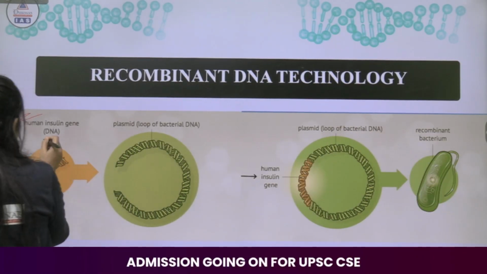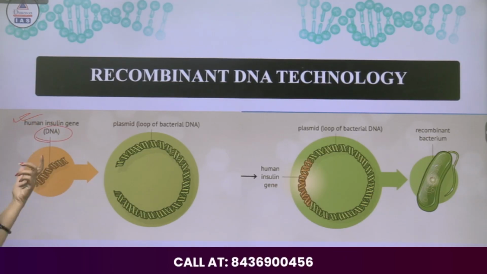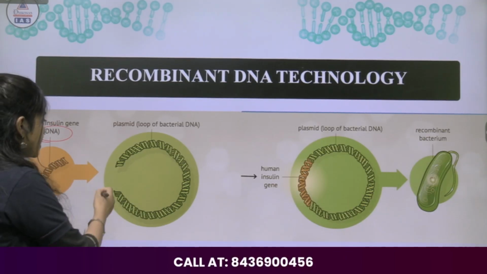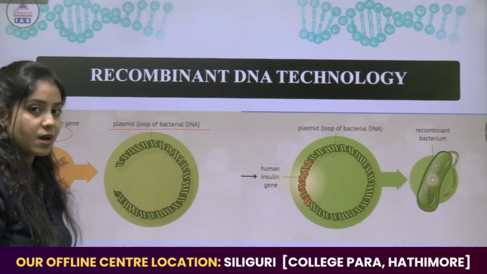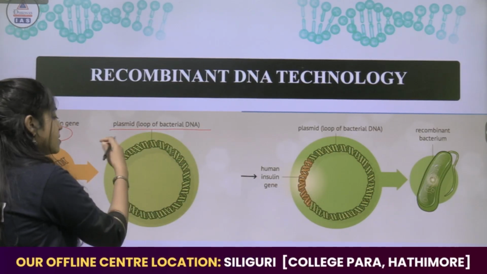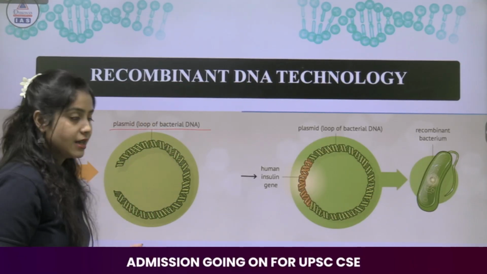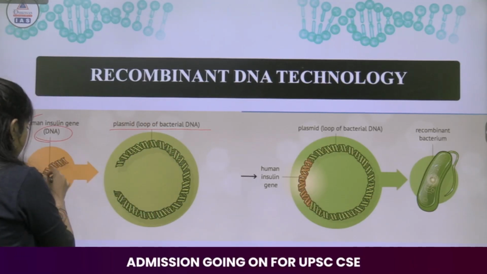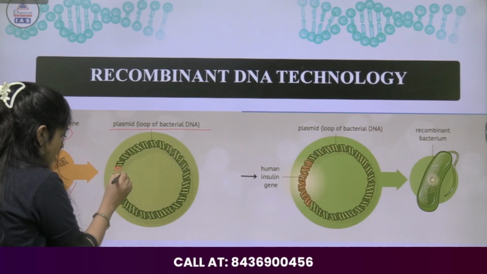In this case, the insulin gene isolated from the human genome is inserted into a plasmid taken from a bacterium. A plasmid is nothing but a bacterial DNA; you may consider it as bacterial DNA. So this human gene for insulin will be inserted here.